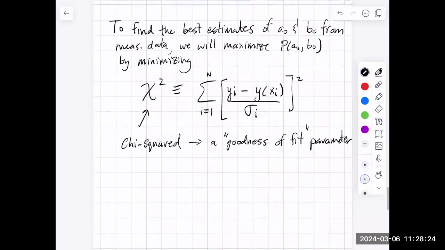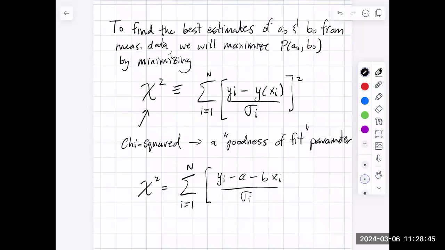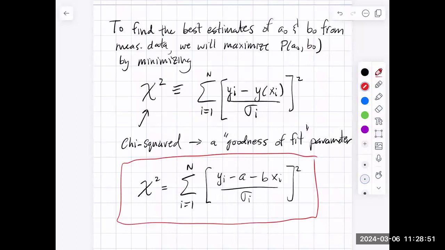So for our linear fits, this chi-squared is the sum from i equals 1 to n of (yi minus a minus b xi) over sigma i, squared. And so this is the thing that we want to minimize.